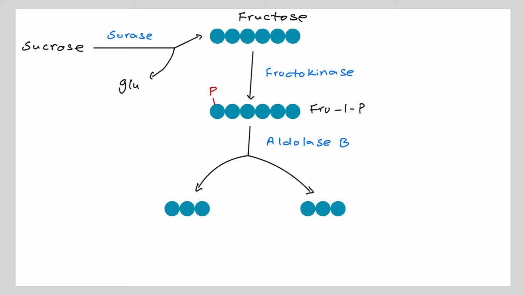Now, the two molecules that are made here, one of them is our famous dihydroxyacetone phosphate that was there as an intermediate of glycolysis. So the first one is going to be our DHAP, dihydroxyacetone phosphate. And the second one is going to be glyceraldehyde.